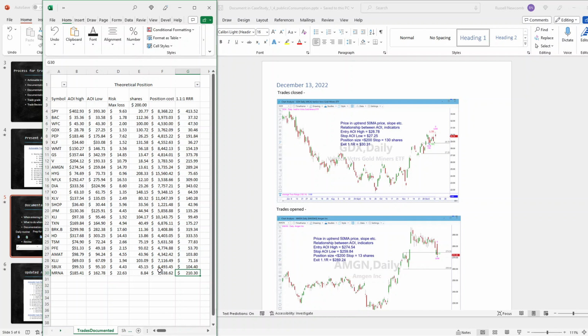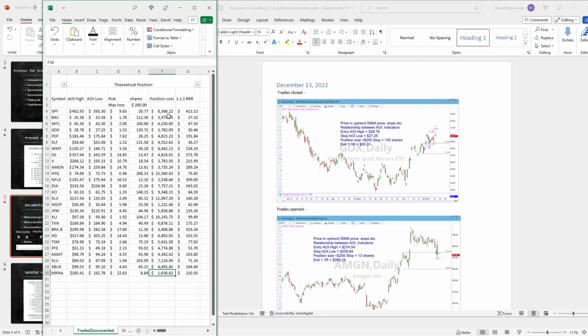So one other thing I put in is position cost. The reason for the position cost is to get a feel for how many positions you can have open, make sure you're not exceeding your buying power, and also after I enter the trade and before I say send, my platform comes up with a verification box asking if you want to do this trade, and it gives what the position cost is.